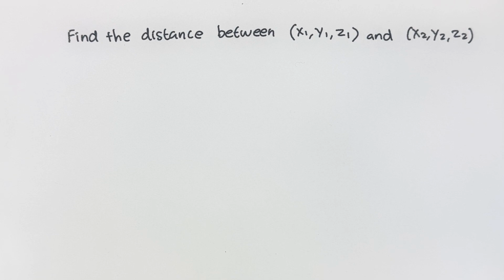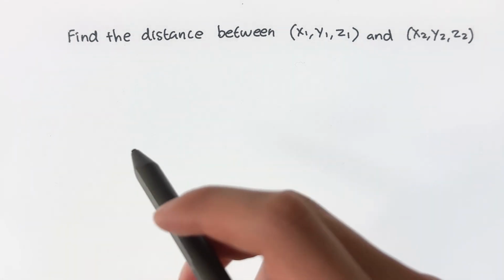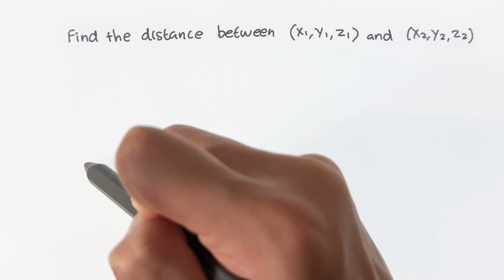And for the 3D plane, instead of just constructing right triangles, we have to construct 3D shapes first. For example, rectangular prisms. But first, we can draw the 2 points.